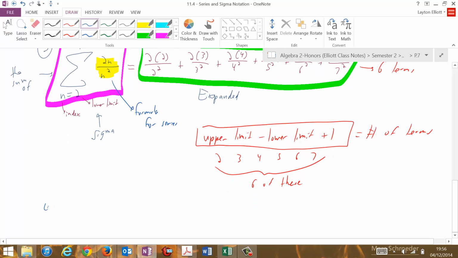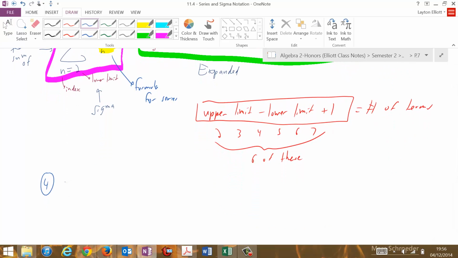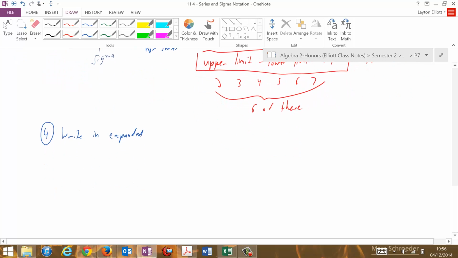So, number 4. We're going to write in expanded. I don't actually want you to add, just write in expanded. So we're going to go to the sum from j equals 1 to 6 of all the 3j plus 1s. So here's the expanded.